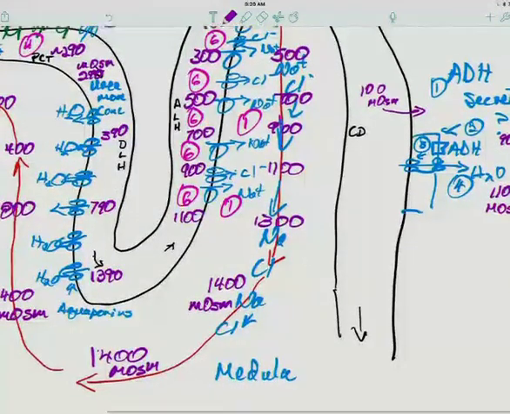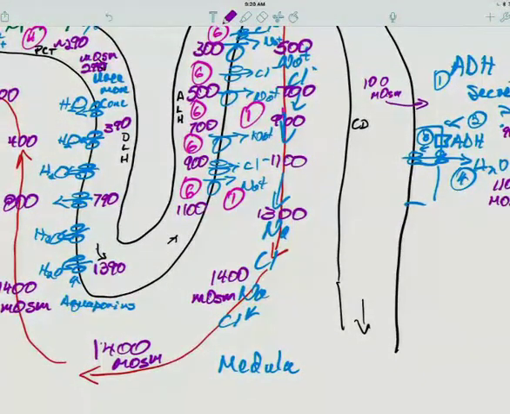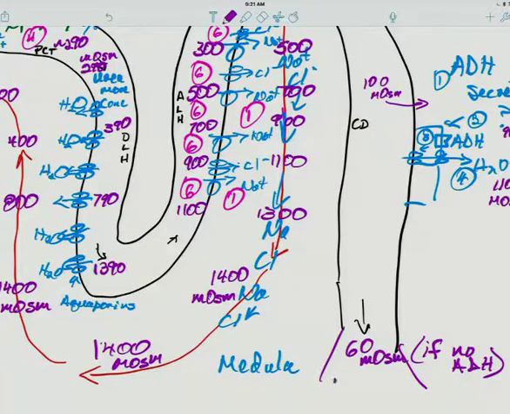So down here at the base of the collecting duct, at the end of the collecting duct, as urine is being collected to be sent to the bladder, we could have 60 milliosmol urine, or we could have about 1,100 milliosmol. Okay, if there's a lot of ADH, we can get up to 1,100.